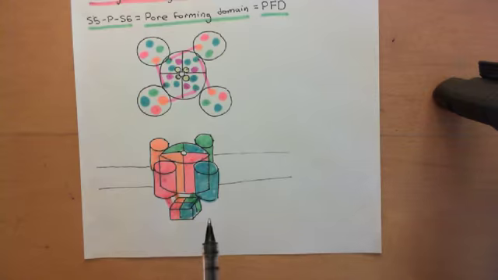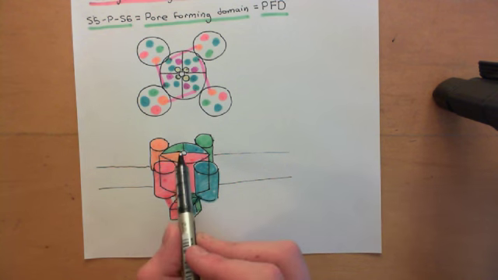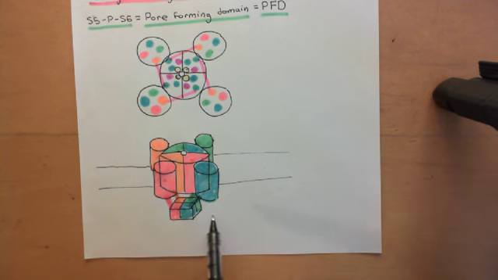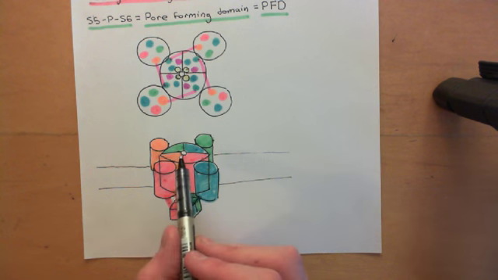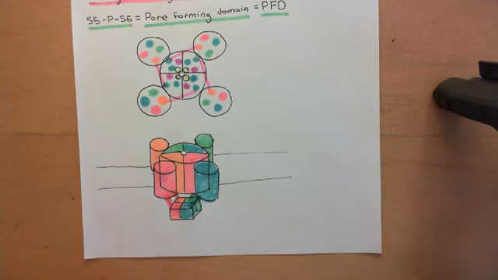So if you are a potassium ion and you want to move through this channel, and let's say you want to move outwards, how are you actually going to gain access to the internal aspect of the pore? Well, you're going to have to go through these gaps here.